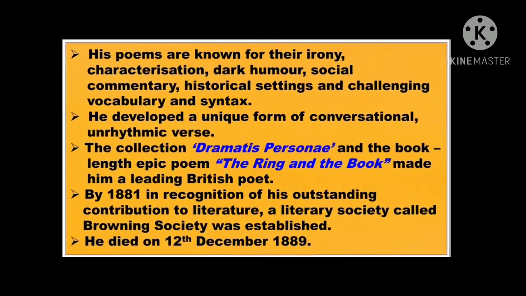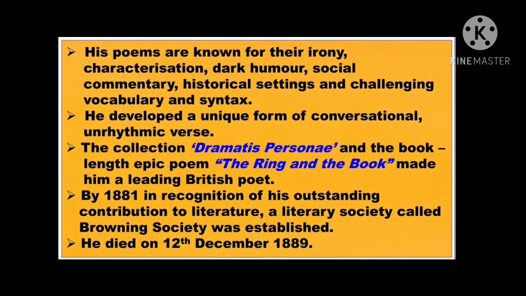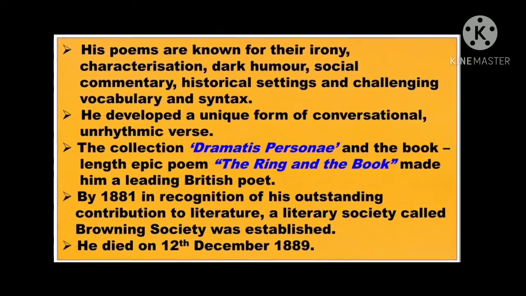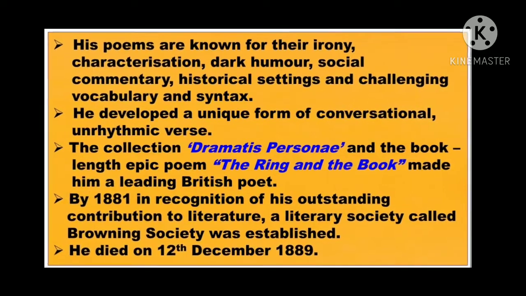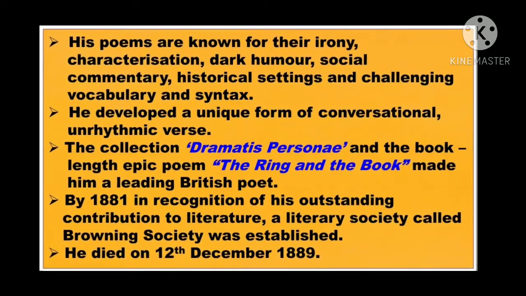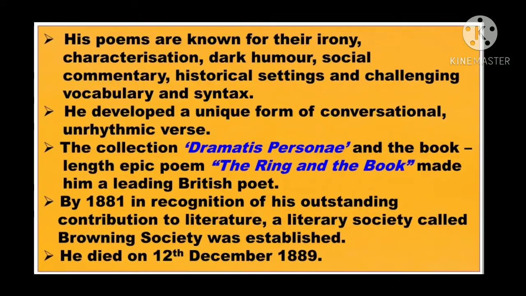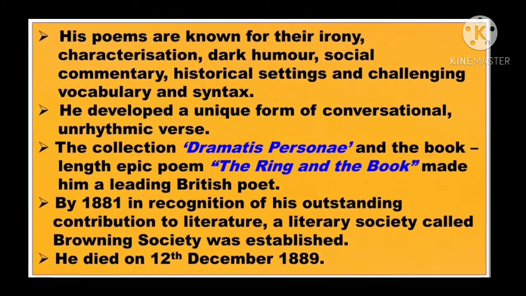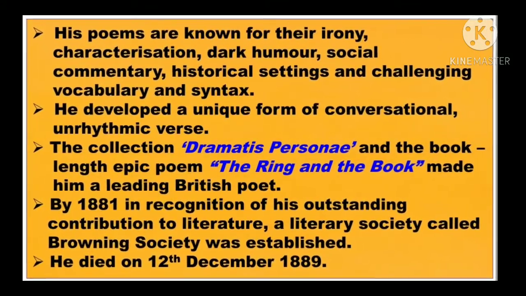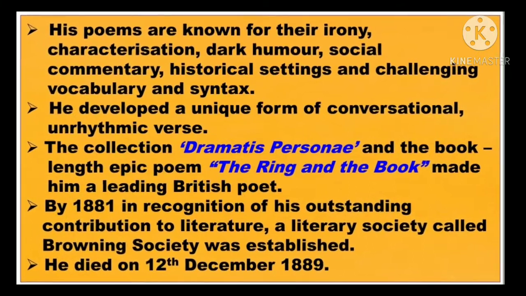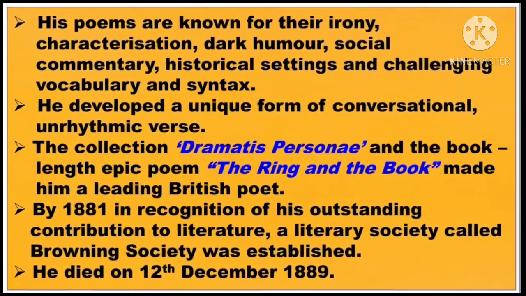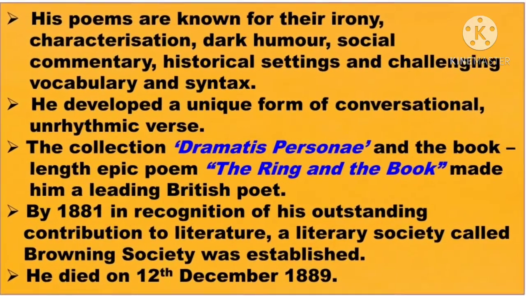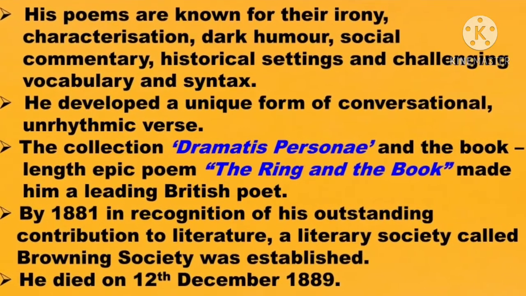The collection Dramatis Personae and the book length epic poem The Ring and the Book made him a leading British poet. By 1881, in recognition of his outstanding contribution to literature, a literary society called Browning Society was established. He died on 12th December 1889.